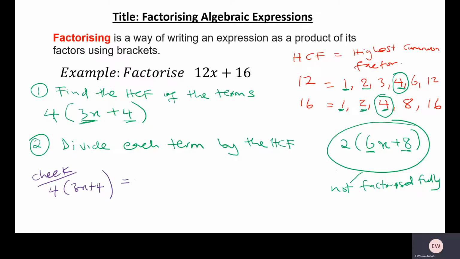If you do not know how to expand, then watch my video on expanding brackets. So we multiply what is outside by each term in the bracket. So we have 4 times 3x, which is 12x, and then 4 times 4, which is 16. And this is the same as what we have on top here. So our answer is correct.